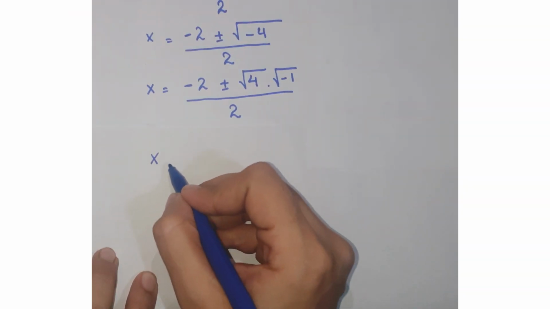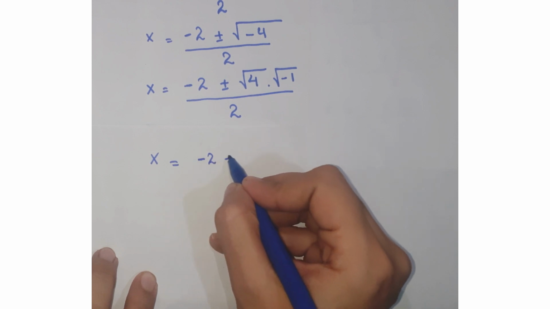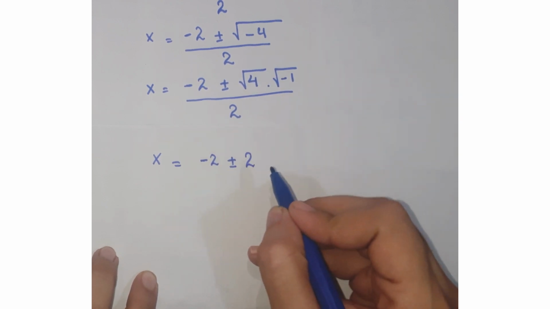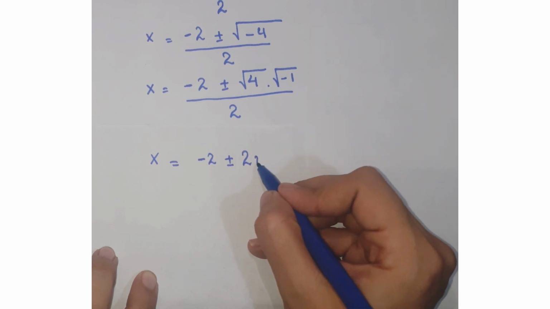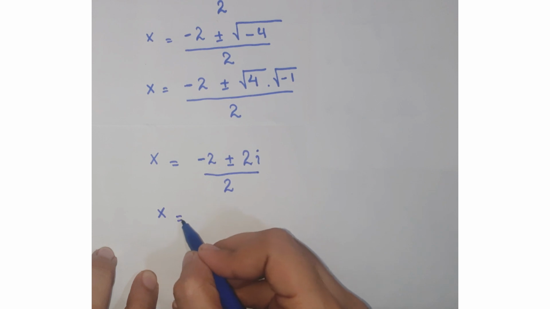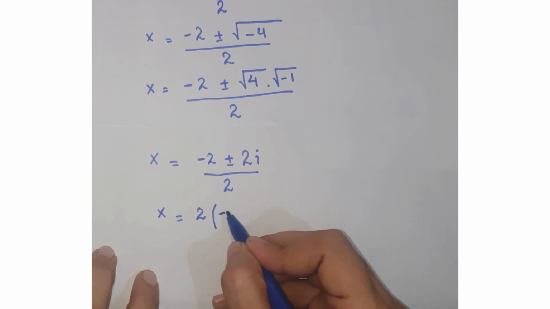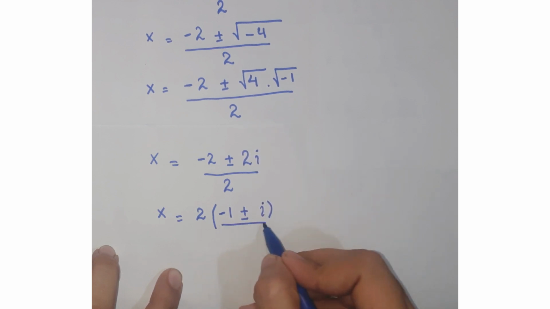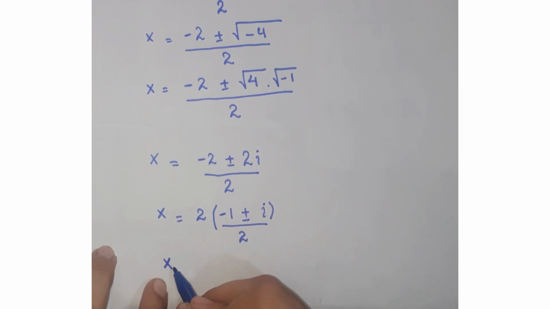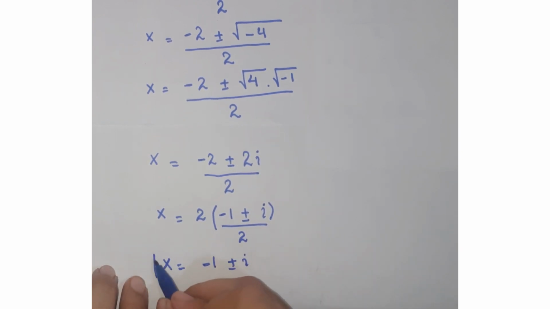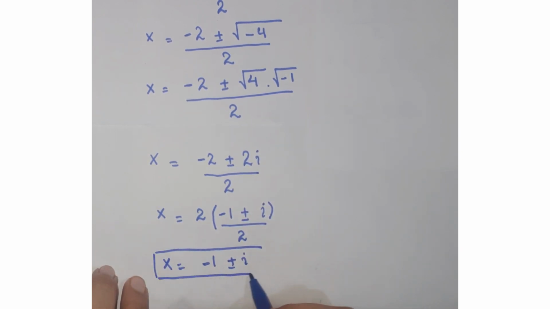Further you can write it as minus 2 plus minus, 4 is a perfect square of 2, so you can write here 2, and under root minus 1 has a value iota, so write it like this. In the next step, just take out 2 common, so you are left with minus 1 plus minus iota upon 2. So x is equal to minus 1 plus minus iota. So these are the two possible values of x.